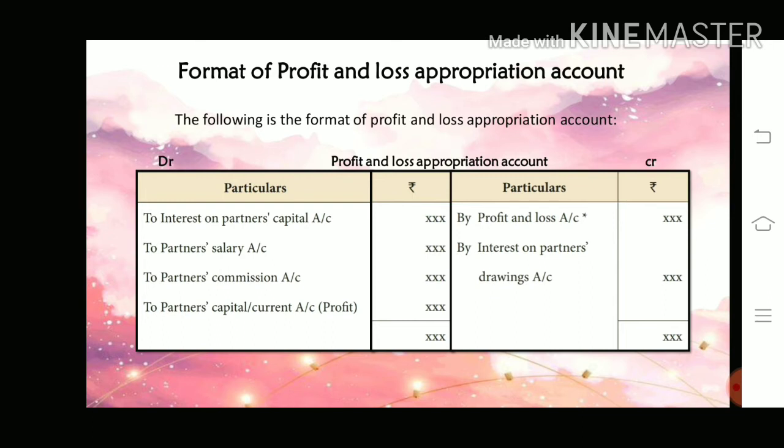If the net result is shown on the debit side of the profit and loss appropriation account, it means sharing of profit, and the share of profit is transferred to the partners' capital or current account. Suppose the balancing figure comes on the credit side, then this item is considered a loss. So to partners' capital, by partners' capital account or current account, we should consider the loss within brackets. The amount of profit transferred from profit and loss account.